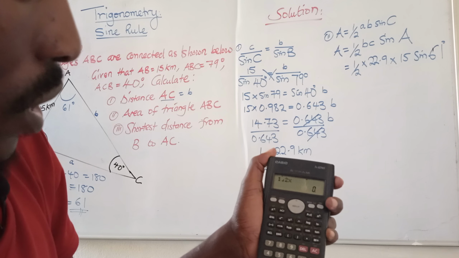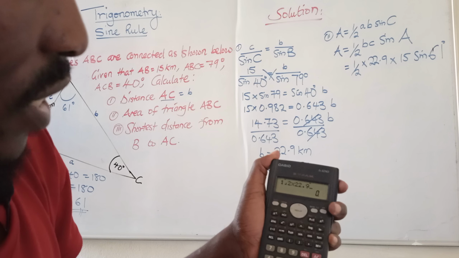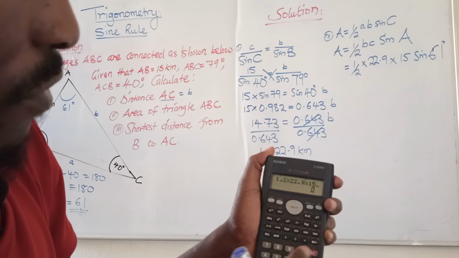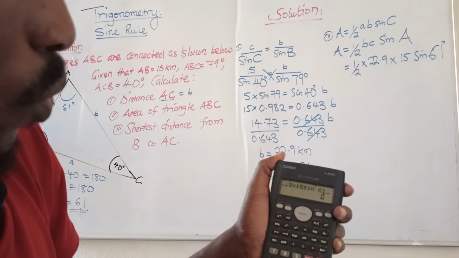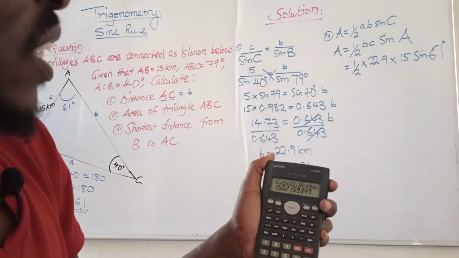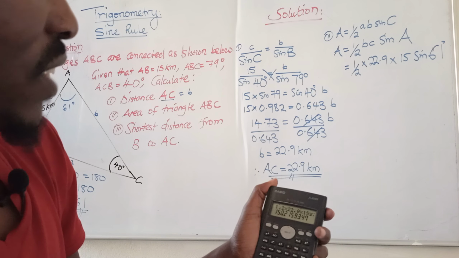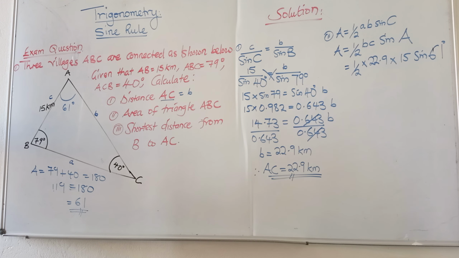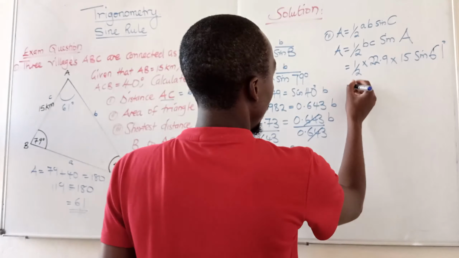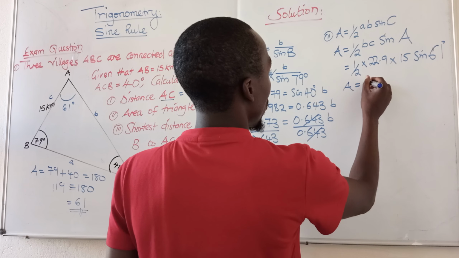So times 22.9 times 15, and then we say sine 61. So you just put everything on the calculator. There it has given us 150.215.